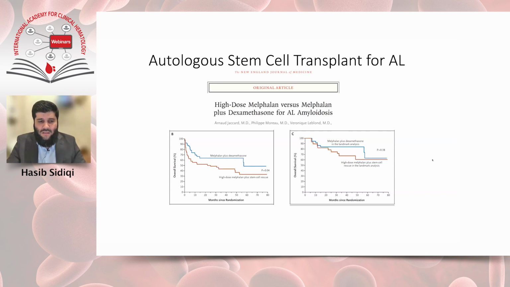This study was highlighted by a high early mortality rate in patients receiving a stem cell transplant, and I think that was a reflection of patients who had significant cardiac disease tolerating intensive therapy poorly.